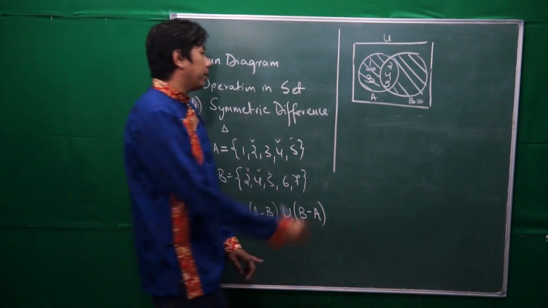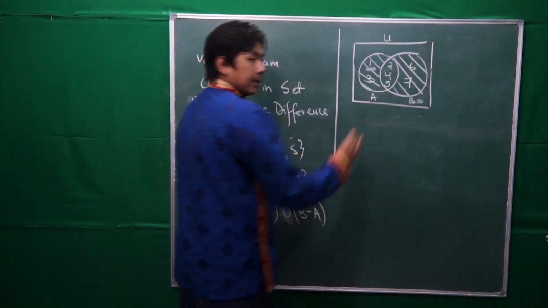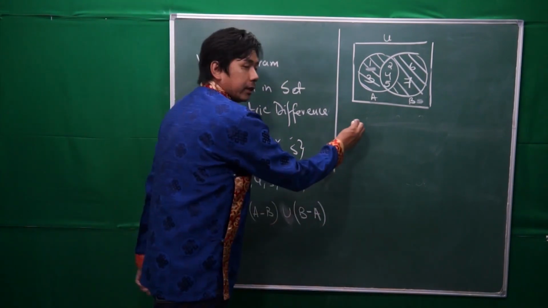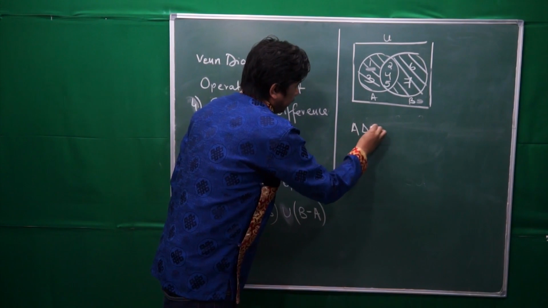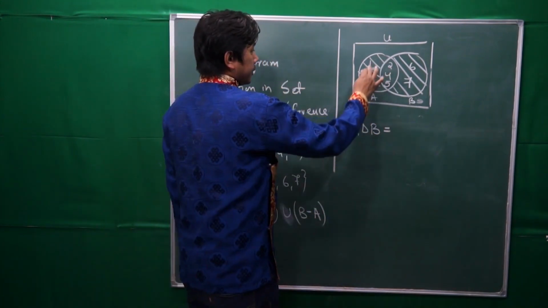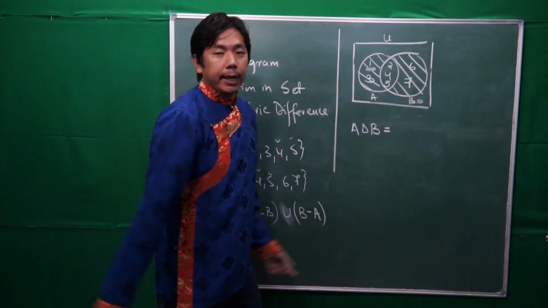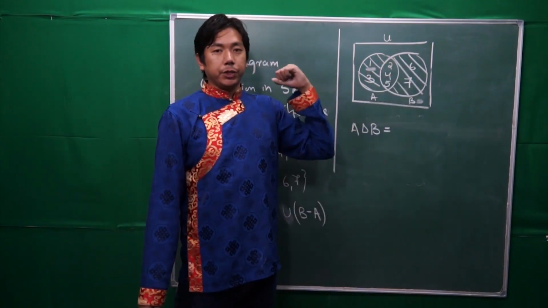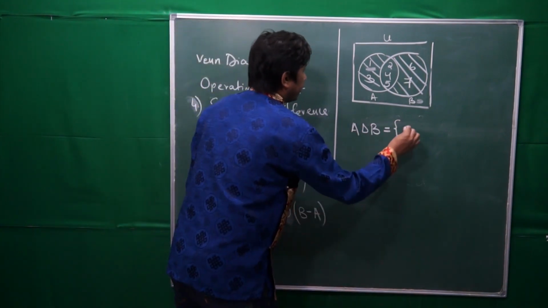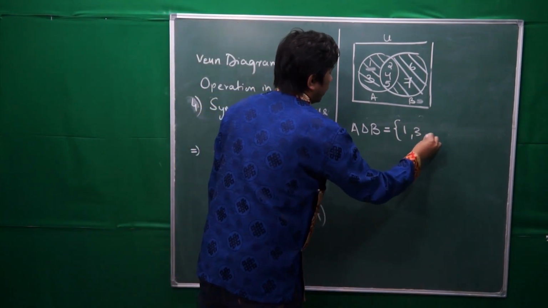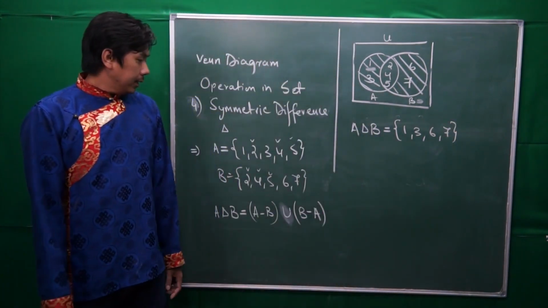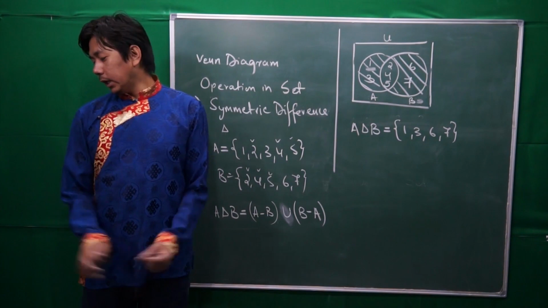What is left? 6 and 7 are left. So you can clearly see the symmetric difference between A and B is equal to this region and this region, excluding the central region. Is it clear? So the resultant set would be 1, 3, 6, 7. Clear? Okay.